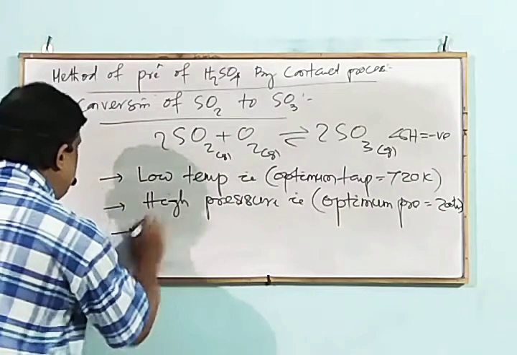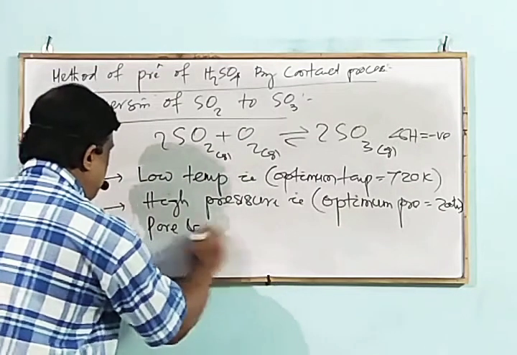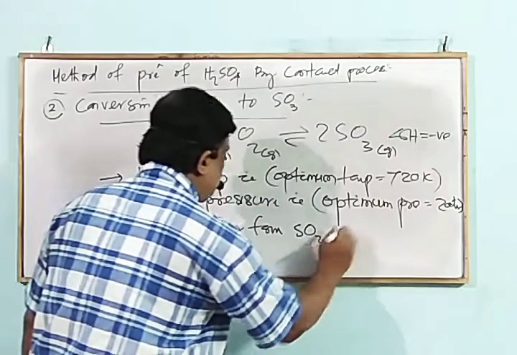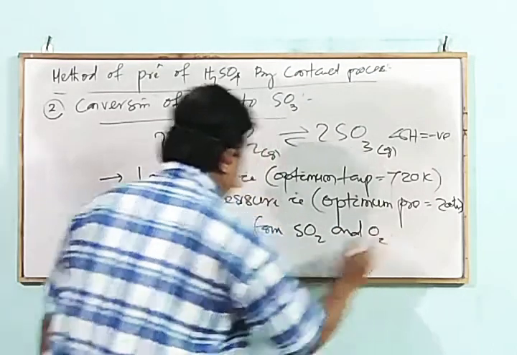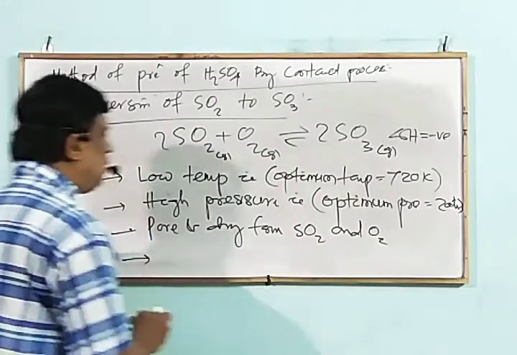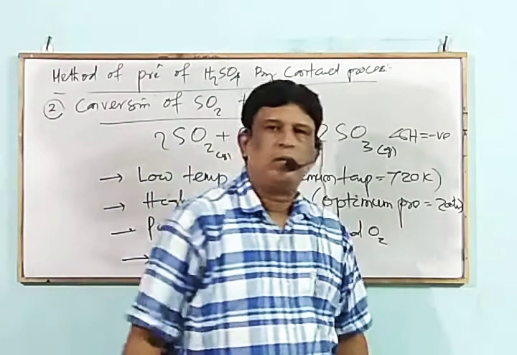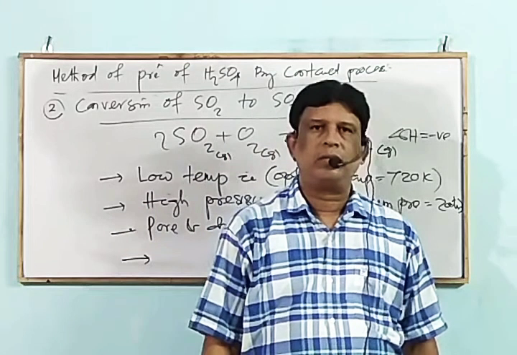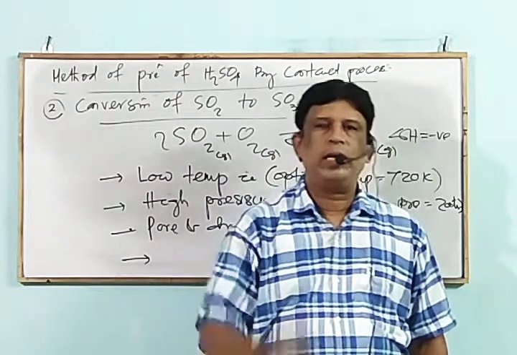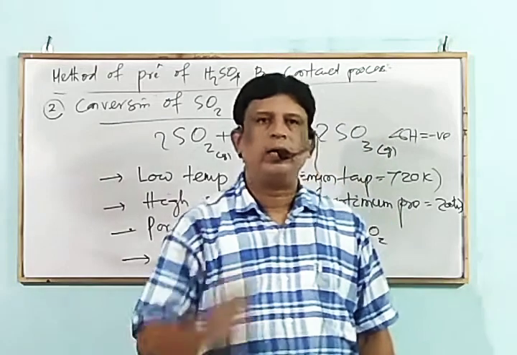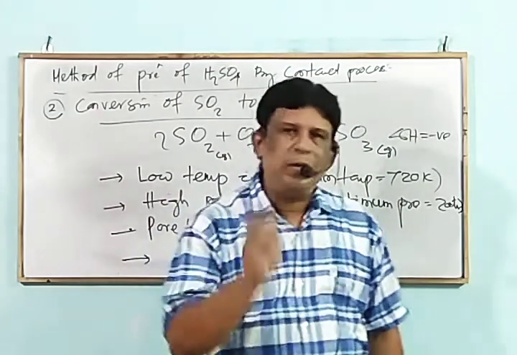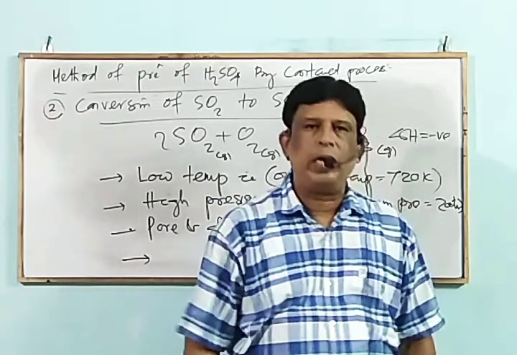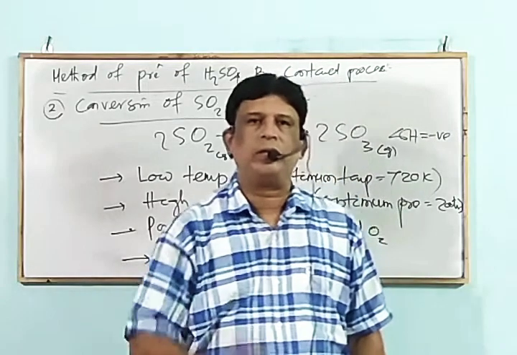Next, pure and dry form of SO2 and O2, and finally, at the initial step platinized asbestos was taken as the catalyst, but two demerits are there. Cost is high, and if by any mistake any impurity is present, then it combines with the impurity, making the catalyst poisoned.